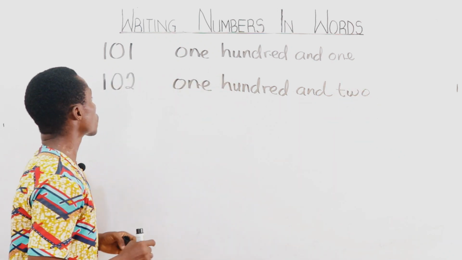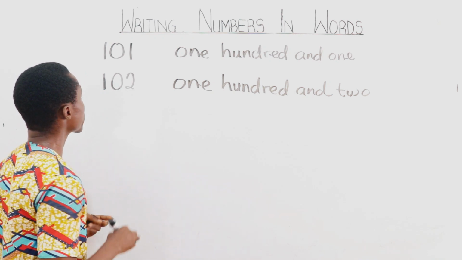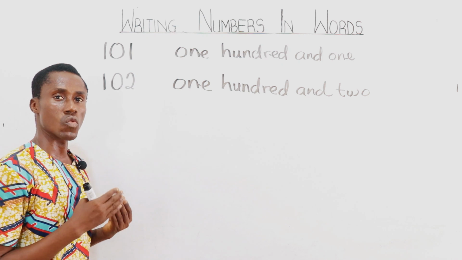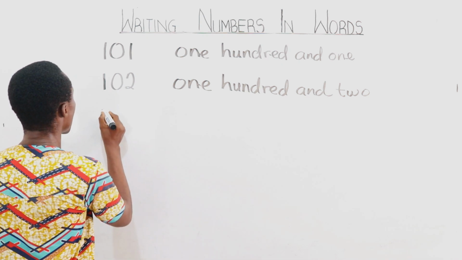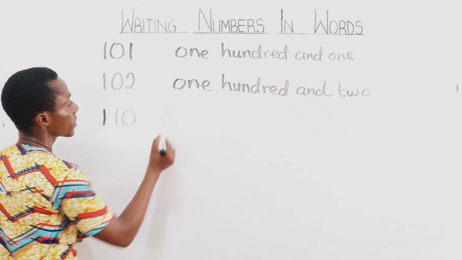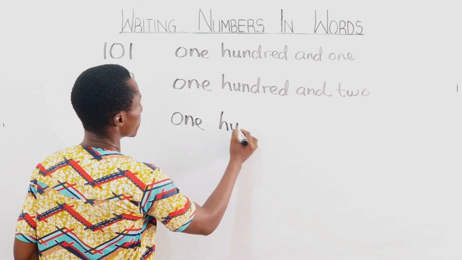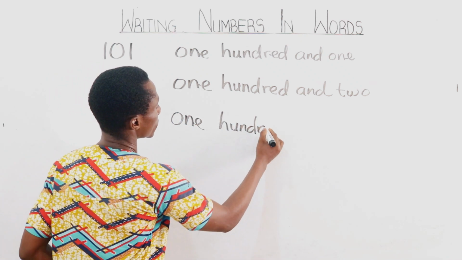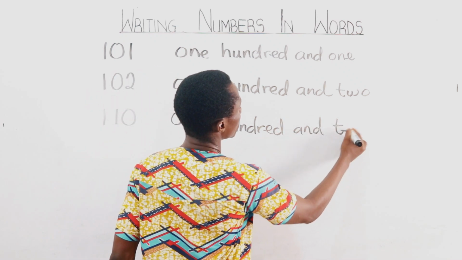Okay, so we can jump a little bit. Let's add tens to the 100. So we have 110, and that is 100 and 10.